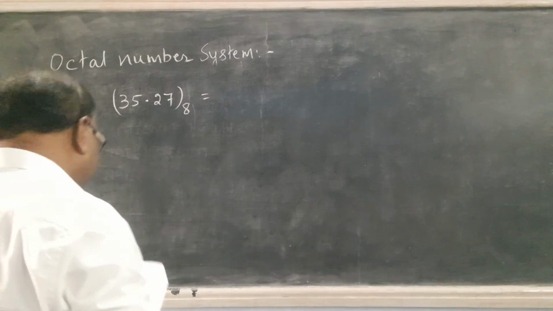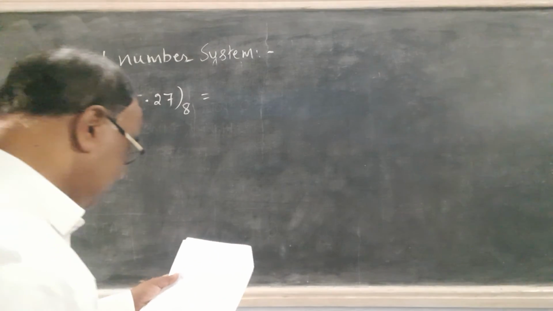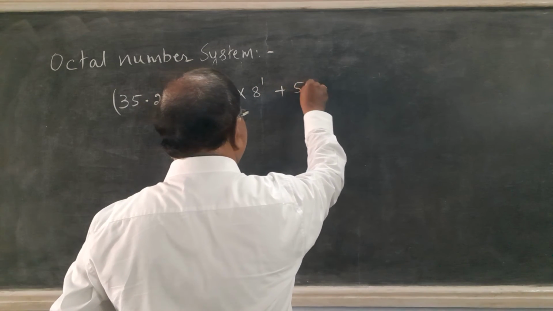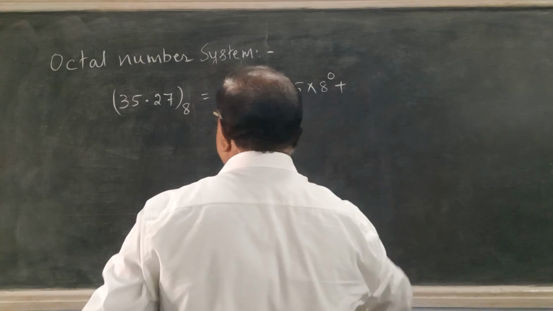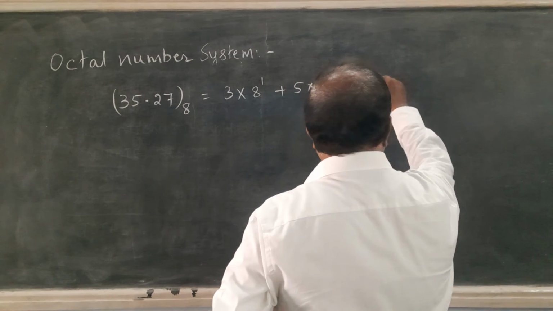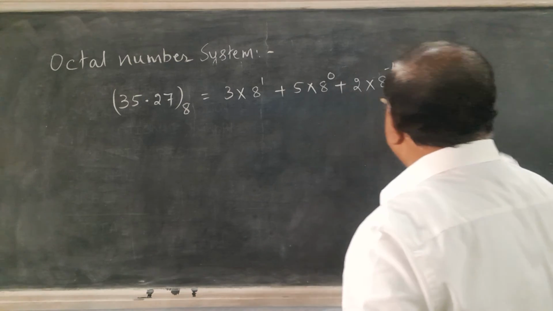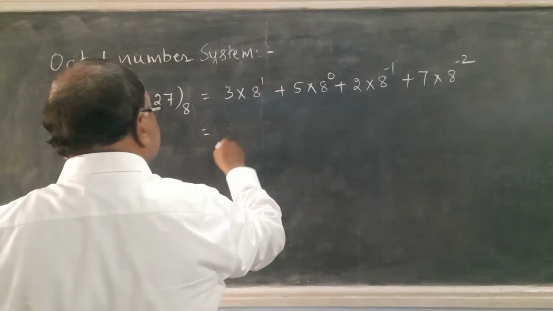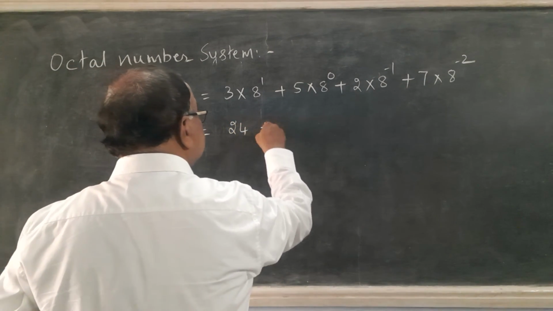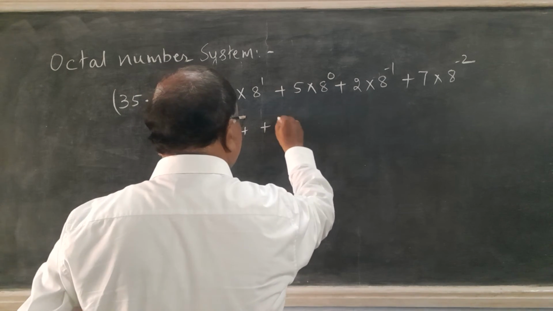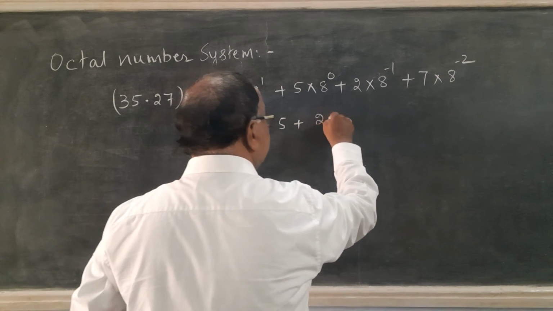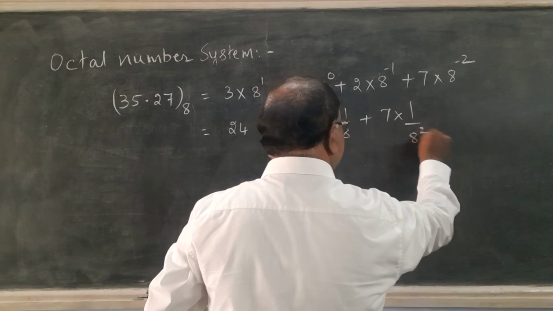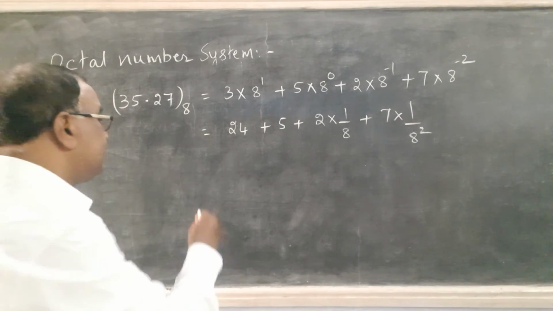How will you write it in the decimal number system? 3 into 8 to the power 1 plus 5 into 8 to the power 0 plus 2 into 8 to the power minus 1 plus 7 into 8 to the power minus 2. So this is 8 times 3 is 24, plus 5 times 1 is 5, plus 2 into 1 by 8, plus 7 into 1 by 8 squared.